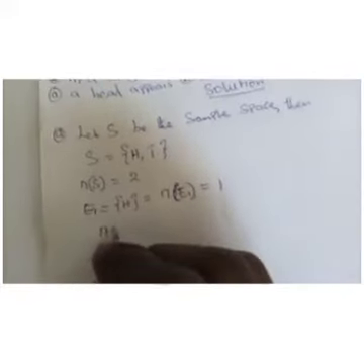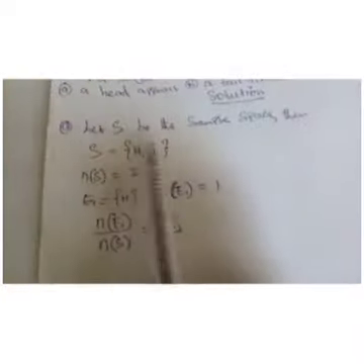So here now, since we have the sample space, the probability of the head appearing is n of event 1 all over the number of the sample space, which is equal to 1 all over 2. We have 2 here, so the sample space is 2.